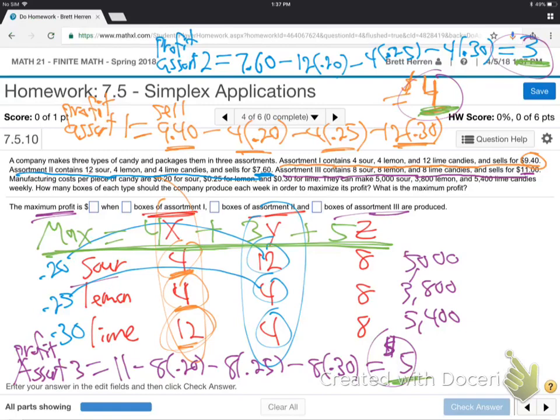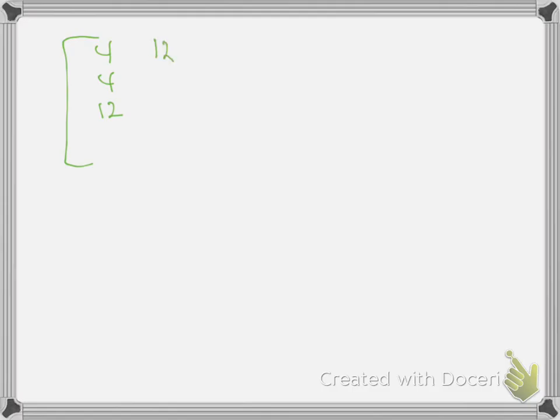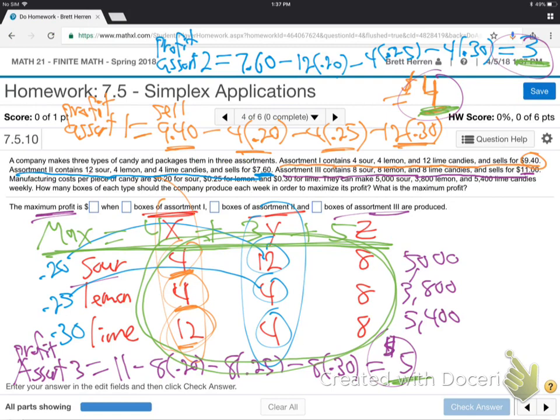So what is that? 4, 4, 12. First thing I'm going to do is just put this stuff right here in the matrix. 4, 4, 12, 12, 4, 4, and 8, 8, 8. Okay, good so far. Just put that stuff in the matrix.